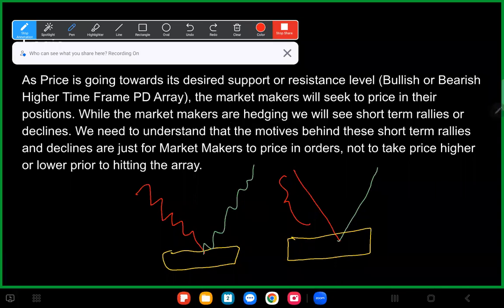Now, in that move, price is going up and it's going down, up and down, right? We know that the order flow on this side of the curve is overall bearish, but in order to reach that level, it needs to go up and down, up and down.